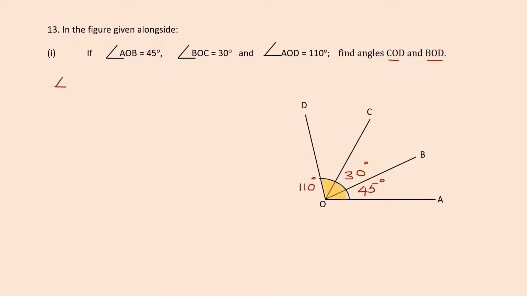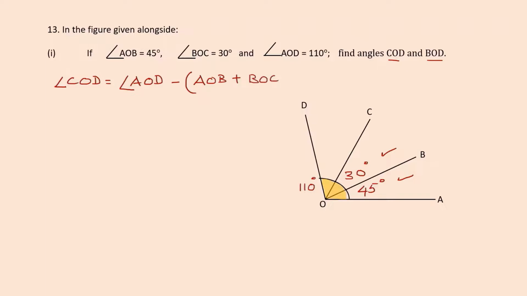To find angle COD, what do I have to do? I have to take the whole of angle AOD, that is 110 degrees, and if I take away these two angles, what is left is COD. So let me do that. Angle AOD, take away from that the other two angles, which is angle AOB and angle BOC.